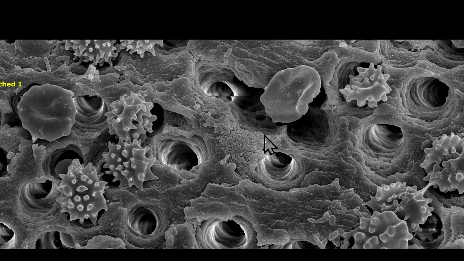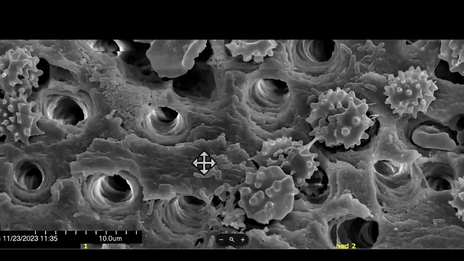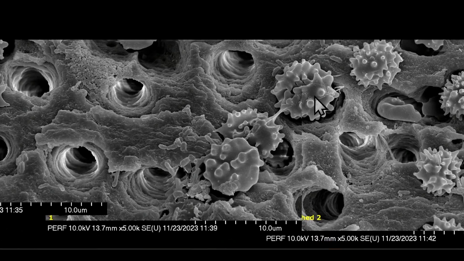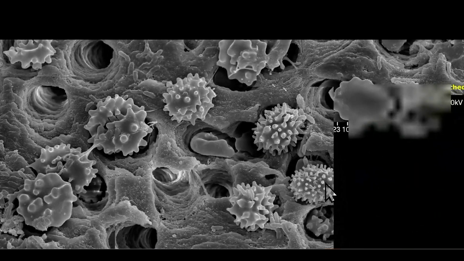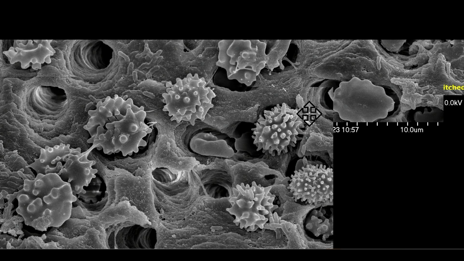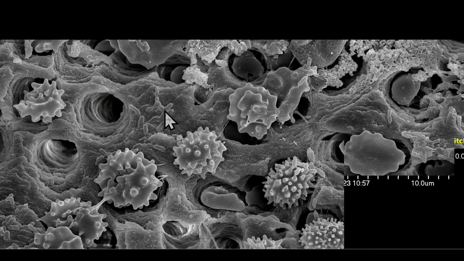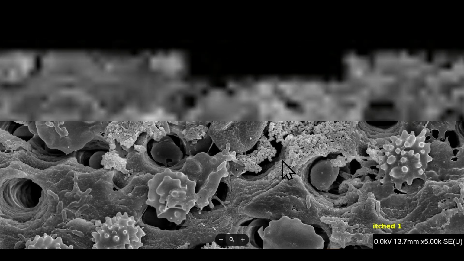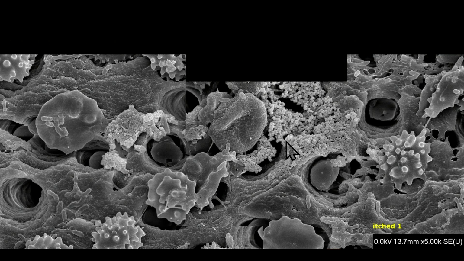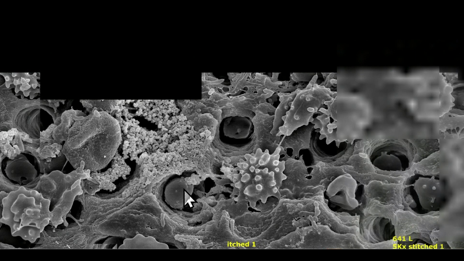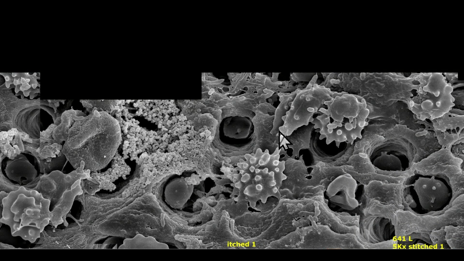You can see some of the odontoblastic processes are still in the tubules, and there you see some predentin, mineralized predentin that's being demineralized. But you can also see some remnants of odontoblastic processes, and what the spindly shaped cells are, unless someone has a better idea, I believe that these are mesenchymal stem cells.